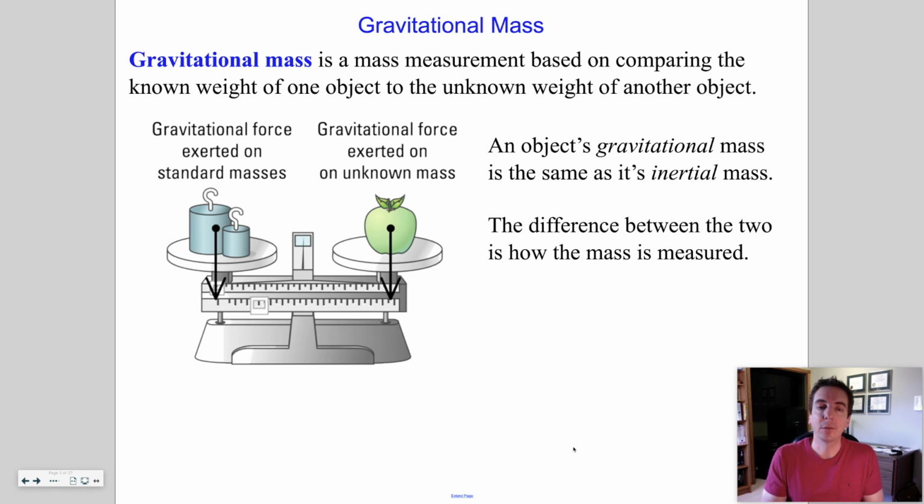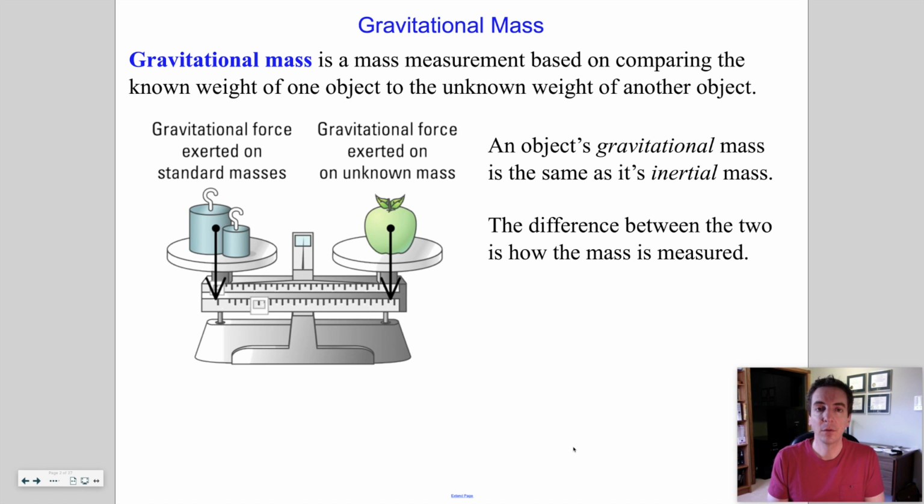Gravitational mass. So when you put something on a scale, you're weighing it, you're determining its weight. But really, most of us, when we put ourselves on a scale, we're measuring our mass in kilograms. And when we're doing that, we're measuring what we call gravitational mass. So gravitational mass is a mass measurement based on comparing the known weight of one object to the unknown weight of another object.